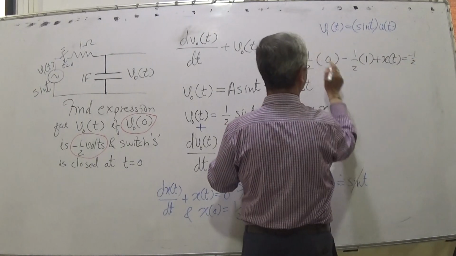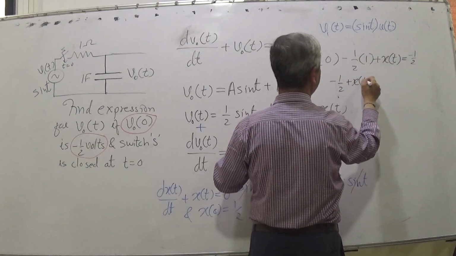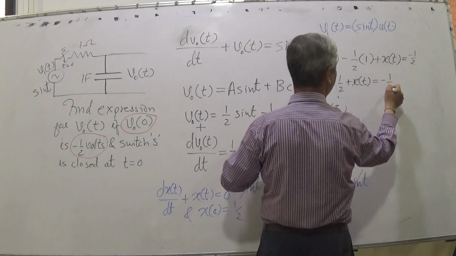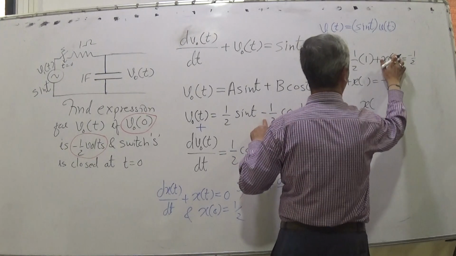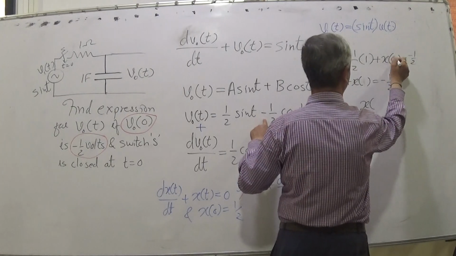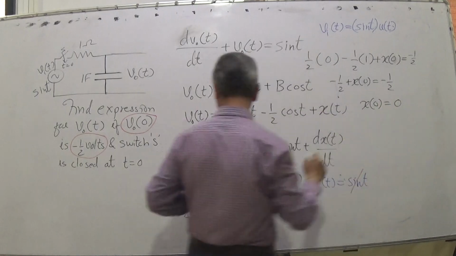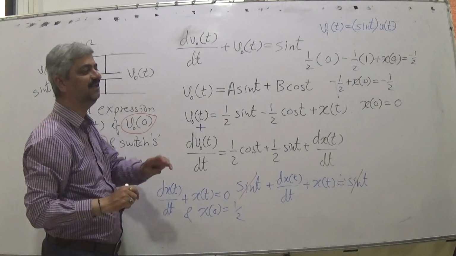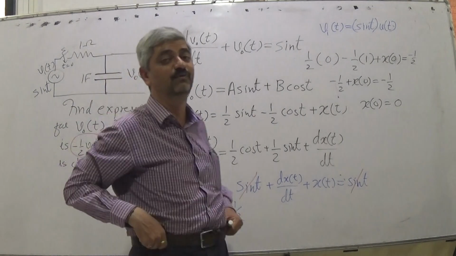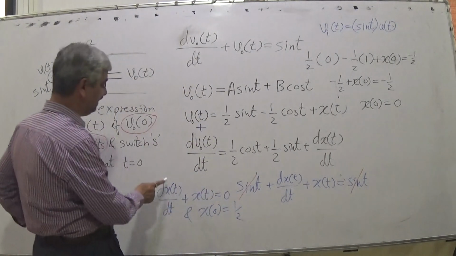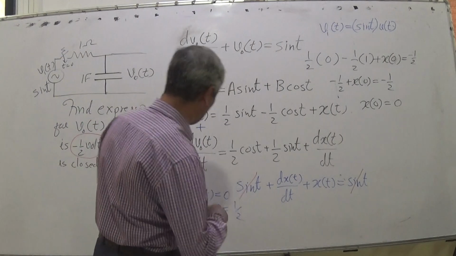So this is 0, this is minus half, plus x(0) equal to minus half, means x(0) is 0. Small mistake, it is x at t equal to 0. This is called an auxiliary equation if you have been somewhat expert in solving differential equations. So dx(t) by dt plus x(t) equal to 0 and x(0) is 0.